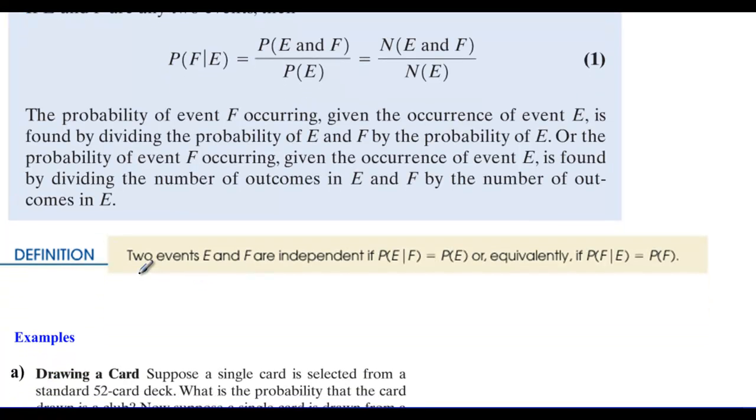To determine if E and F are independent, so that one doesn't impact the other, if the probability of E given F equals just the probability of E, or if the probability of F given E equals the probability of F, then the events are independent. That would mean that even though we're given that F happened, it makes no impact. And again, events being independent means one doesn't have an impact on the probability of the other.